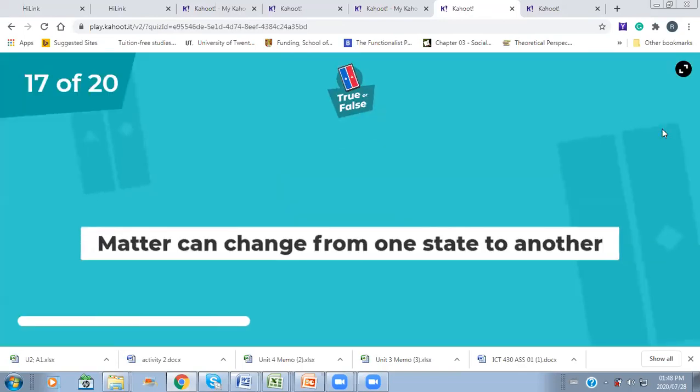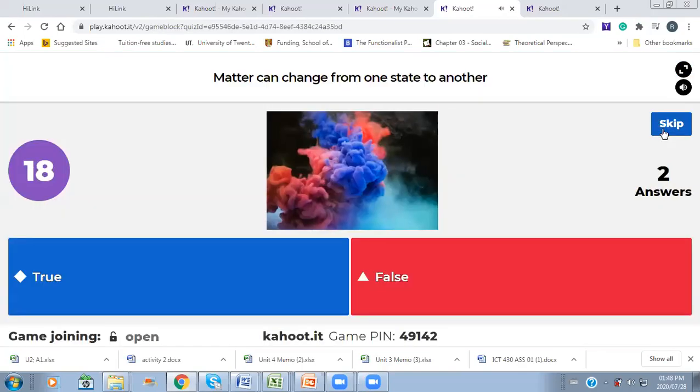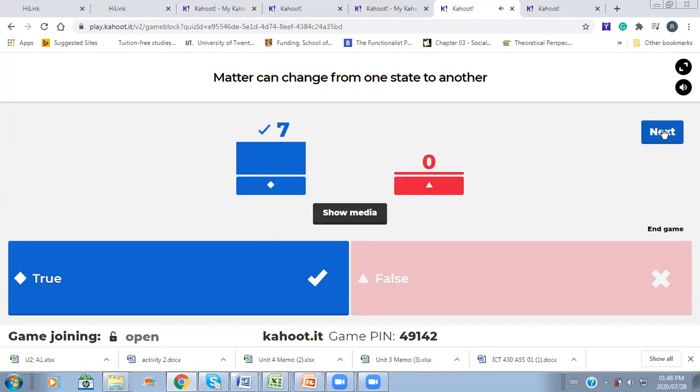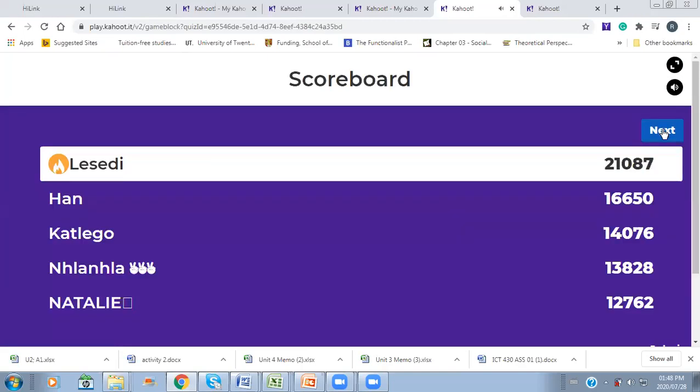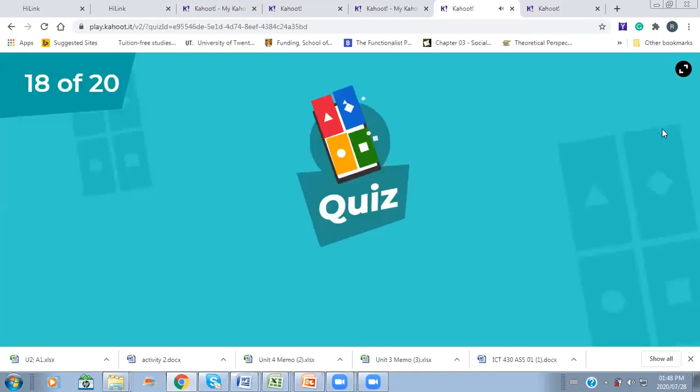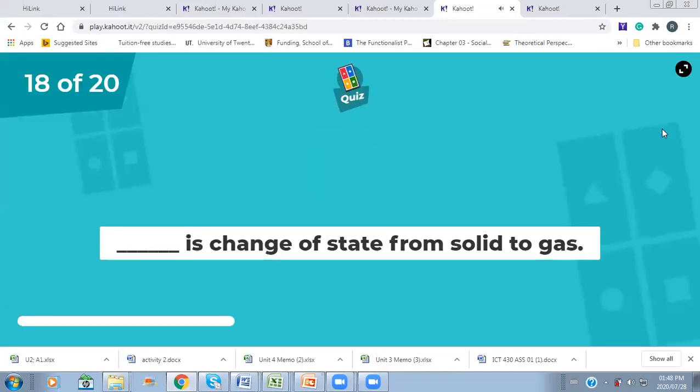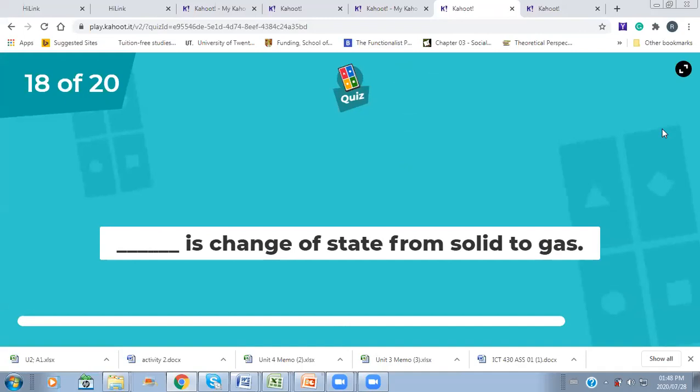Let's go. 3 more. Matter can change from one state to another. Next. 2 more. Dash is change of state from a solid to a gas.